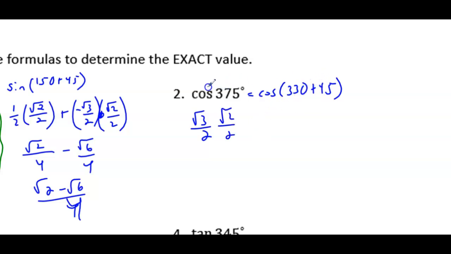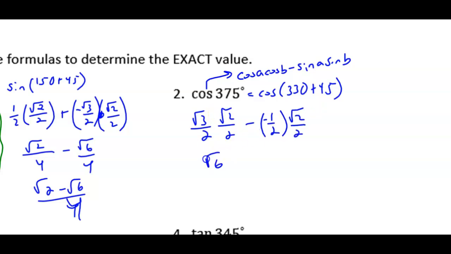Since this is a plus, and I forgot to review the rule for the cosine sum, it's cosine A cosine B minus sine A sine B. Sine of 330 is negative 1/2, and sine of 45 is radical 2/2. So that's going to give us radical 6 plus, negative is a plus, radical 2, over 4, of course, 2 times 2 is 4.